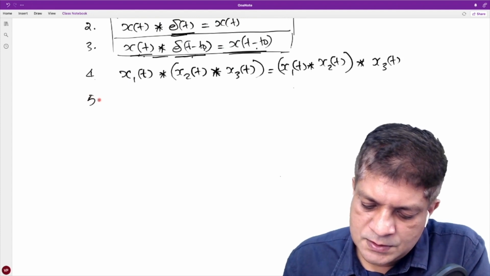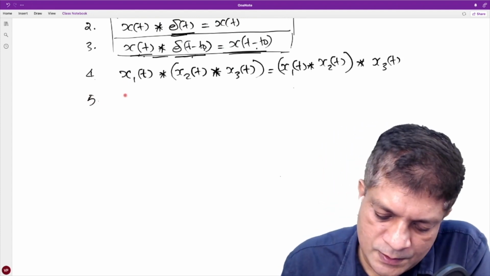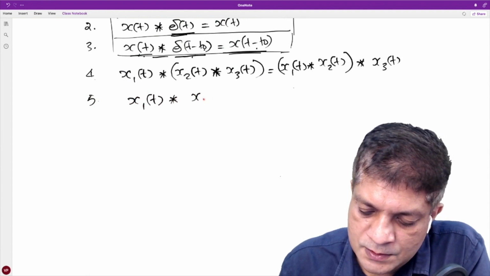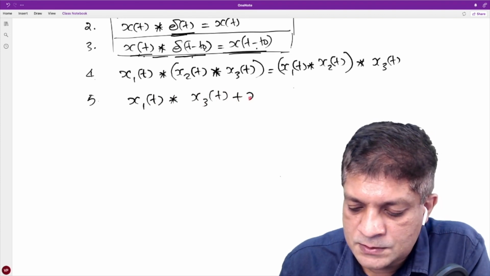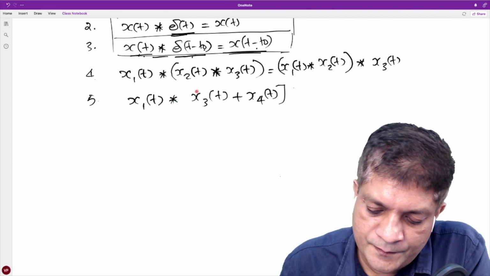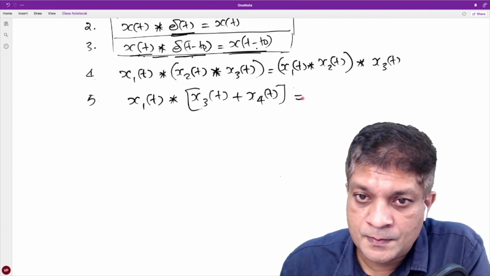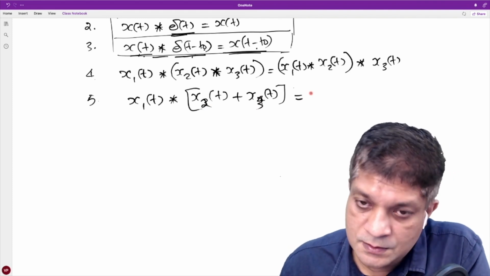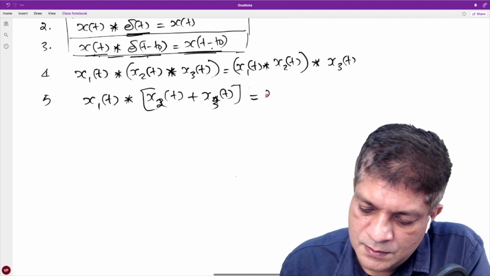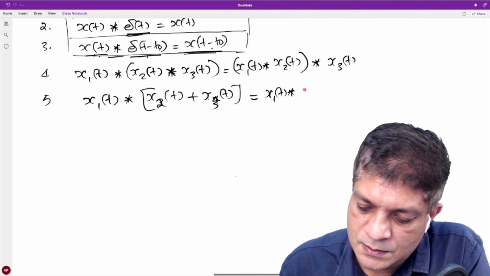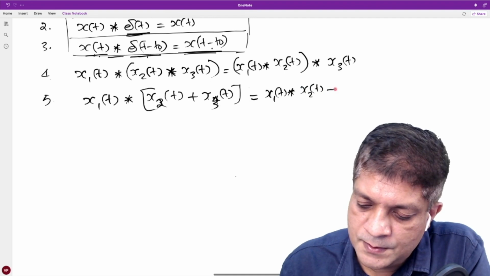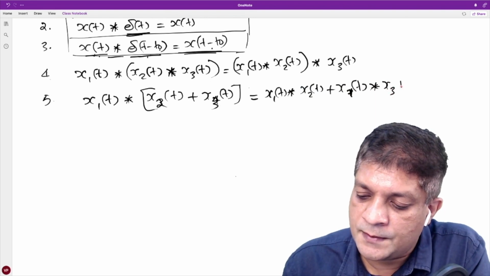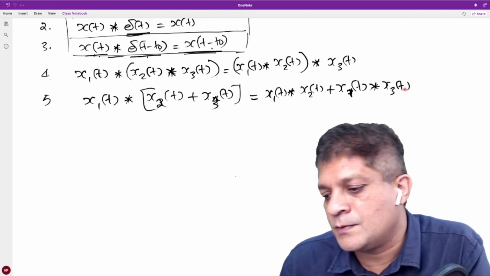And the next property is the distributive property of convolution, that is x1(t) convolution x2(t) plus x3(t), which is x1(t) convolution x2(t) plus x1(t) convolution x3(t). That is the distributive property of convolution.